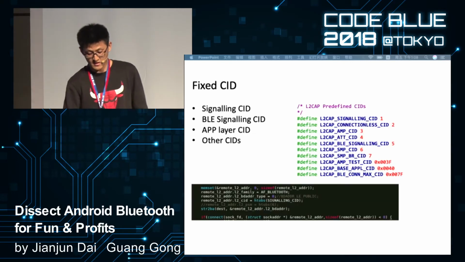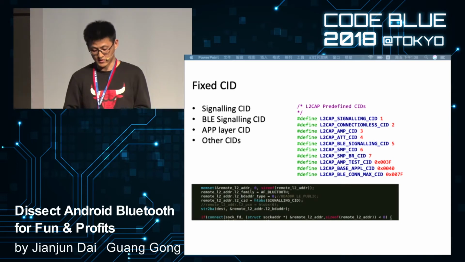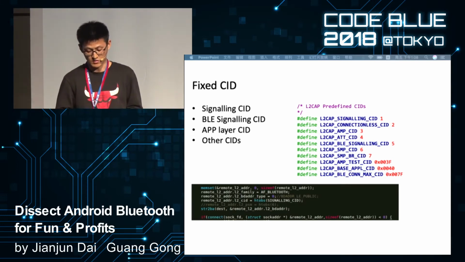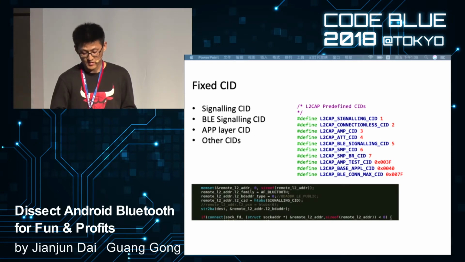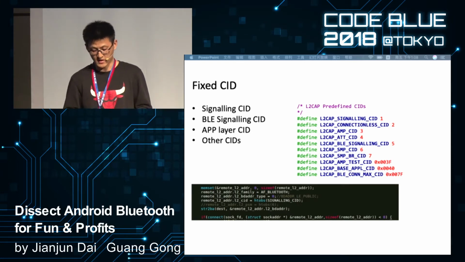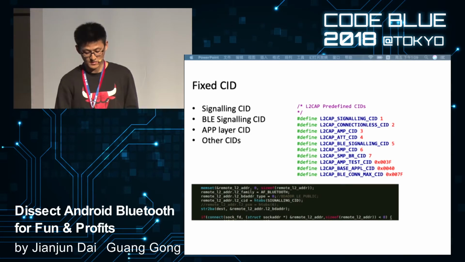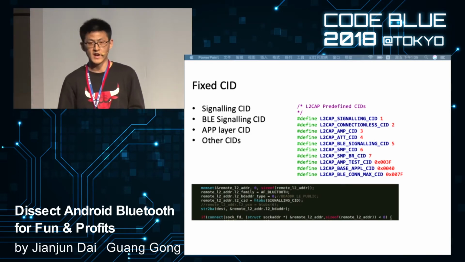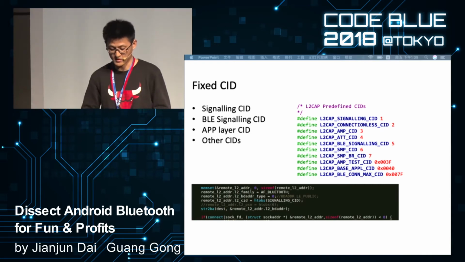Fixed CID can be divided into 4 types, although many types are divided in the code: signaling link CID, BLE signaling link CID, application layer CID, and others. Different channel IDs represent different data channel processing methods. I will present them later.